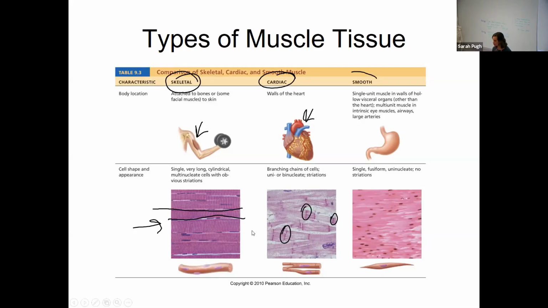And then we also have our smooth muscle, right? This is going to be found in hollow organs like the intestines, the GI tract, the stomach, the lymphatic vessels, blood vessels. And smooth muscle, you can see, does not have any striations in it.